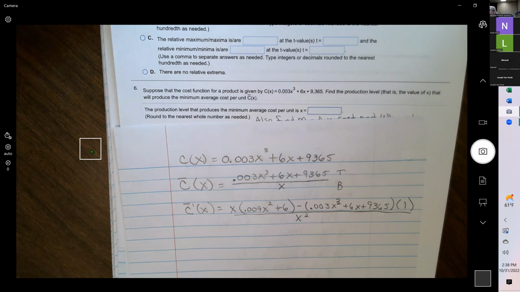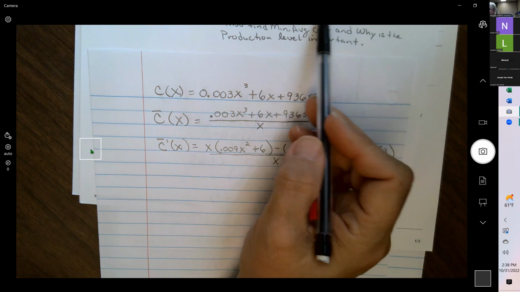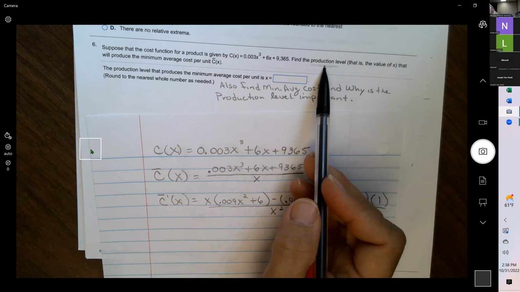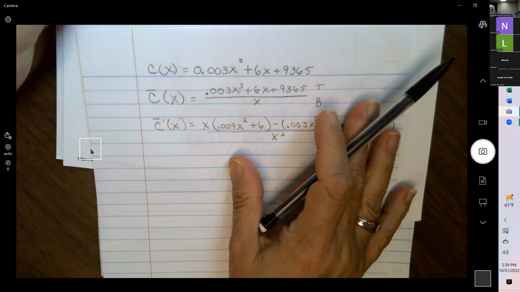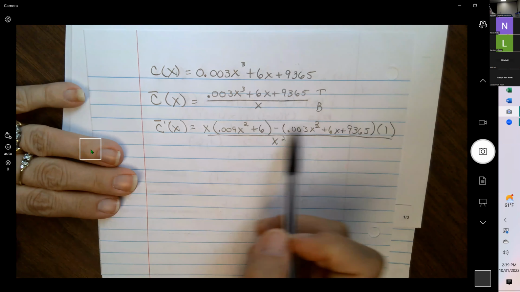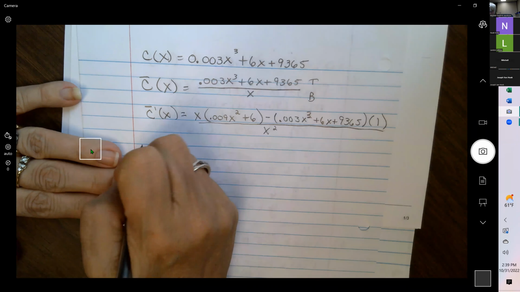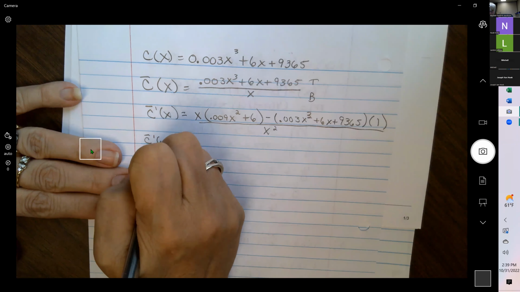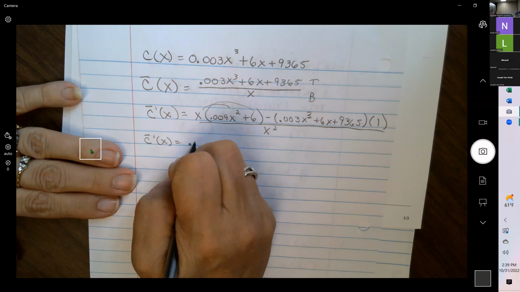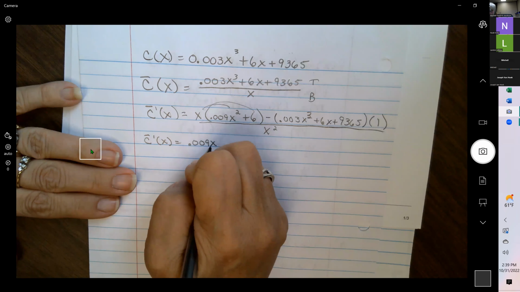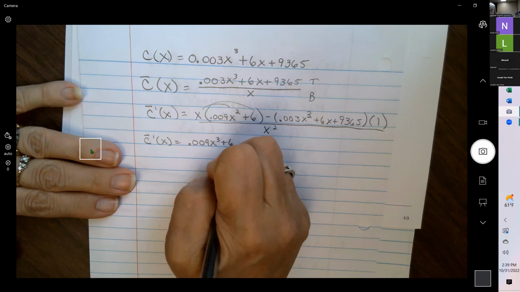We're looking for the critical number because the production level is the critical number, which means you have to take the derivative and set it equal to 0. That means we're going to have to simplify the top. Distributing the x, we get 0.009 x cubed plus 6x.